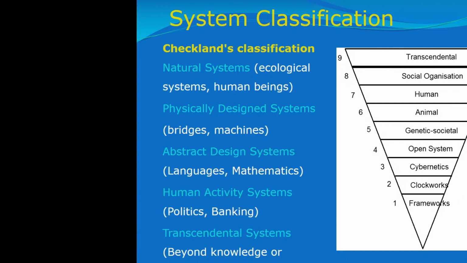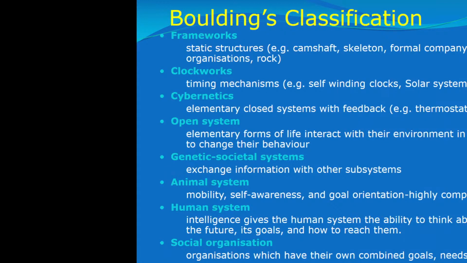One more classification, Boulding's classification. Kenneth Boulding, one of the founding fathers of general system theory, developed a system classification which has been the starting point for much of the subsequent work.